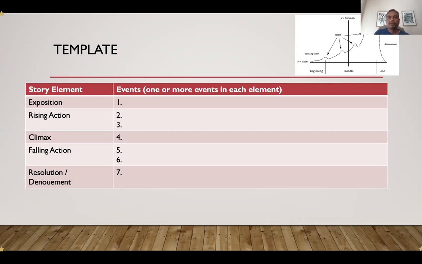Use as many events as you want in each one of these. Like I've always said, climax generally doesn't happen in the middle. So remember that, because if you think mentally, it seems linear, it seems like climax happens in the middle, but it generally happens toward the end.